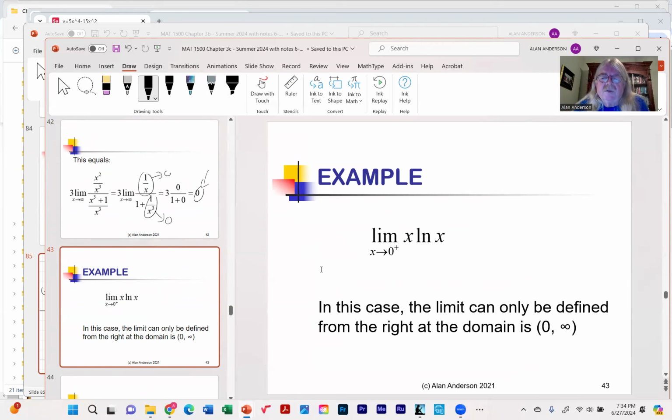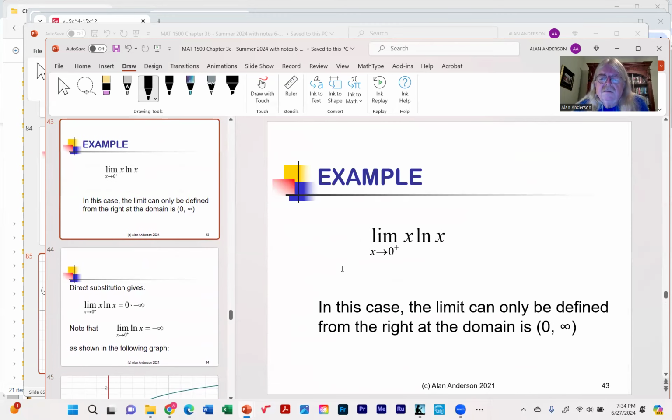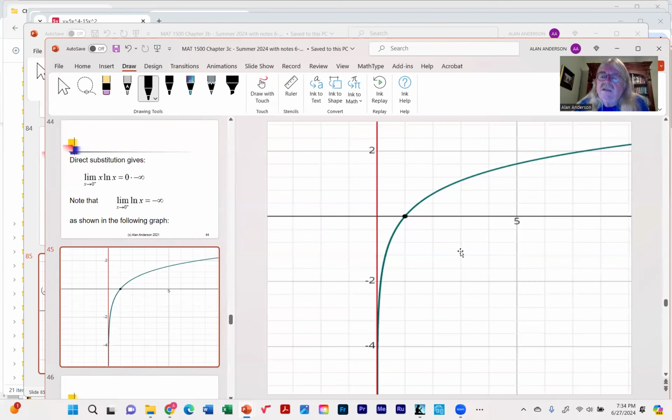Now, this is an interesting one. This is the log of x times x. We can't approach it from the left because the function is undefined for 0. Log x is undefined for 0. But we can approach it from the right. As we approach from the right, the function is going to negative infinity.